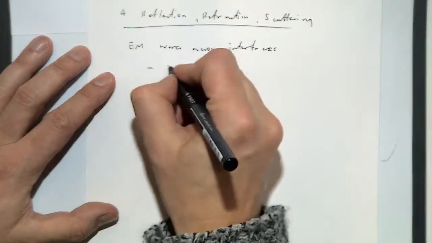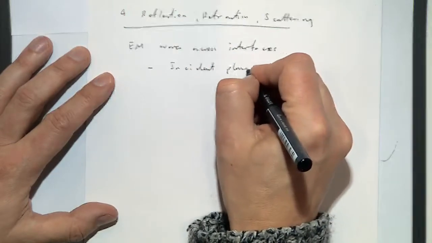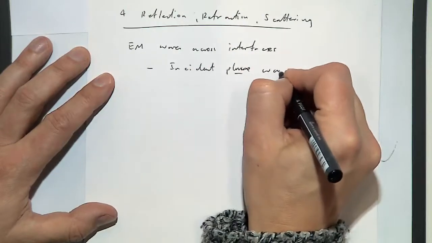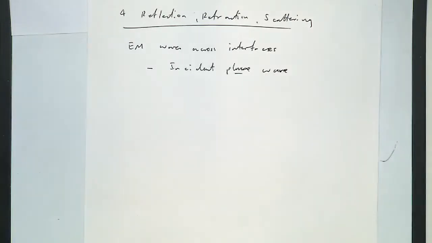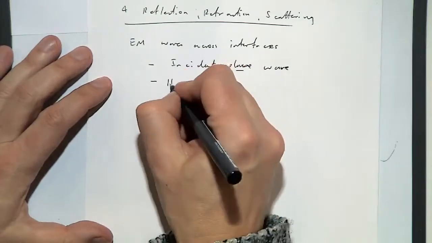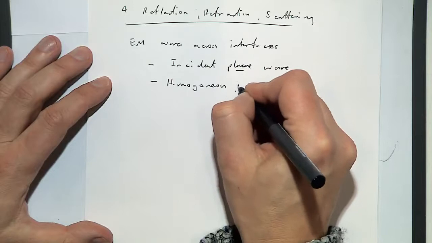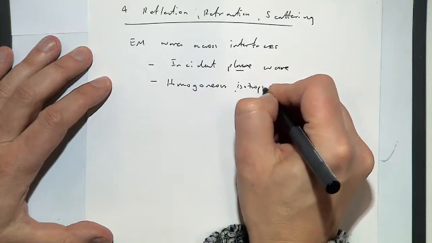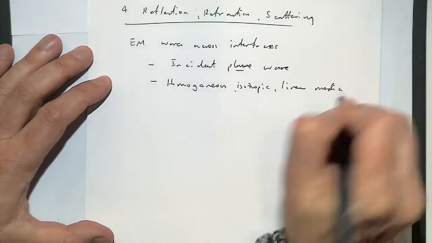So as normal, we consider an incident plane wave. But now we have an extra physical parameter, which is the orientation of the plane wave with respect to the boundary, in other words, the angle. But as we normally do, we're going to consider homogeneous, isotropic, and linear media, because otherwise there's a whole host of other things which are beyond the scope of this course.